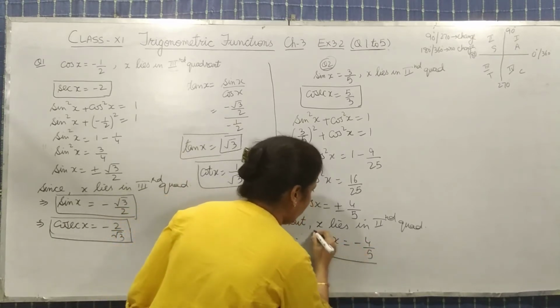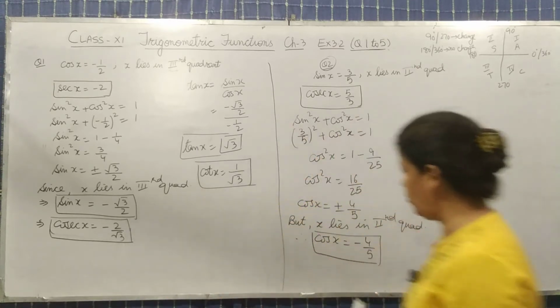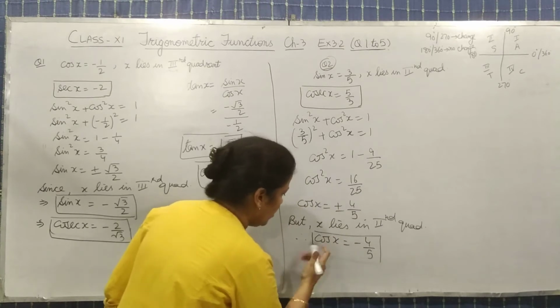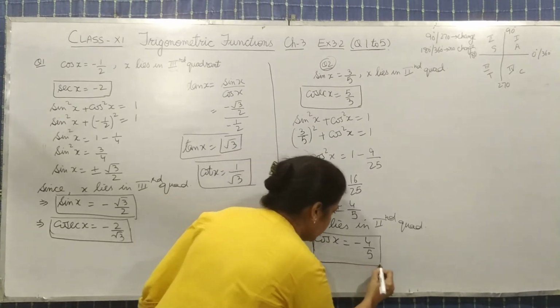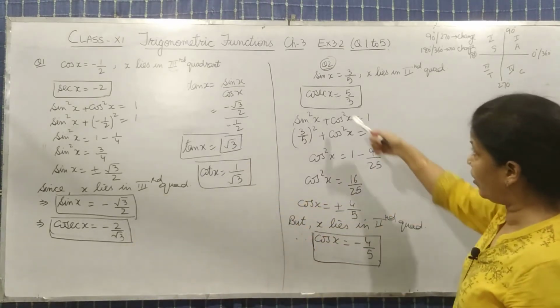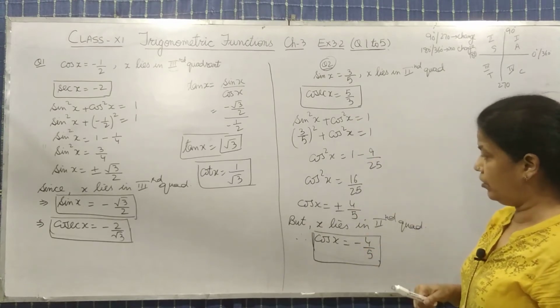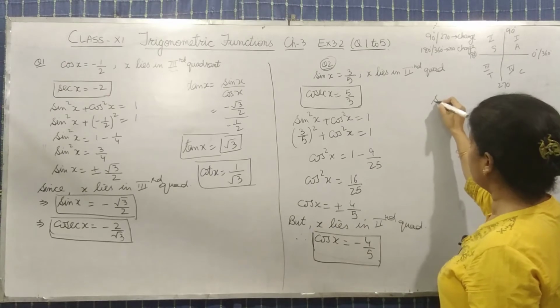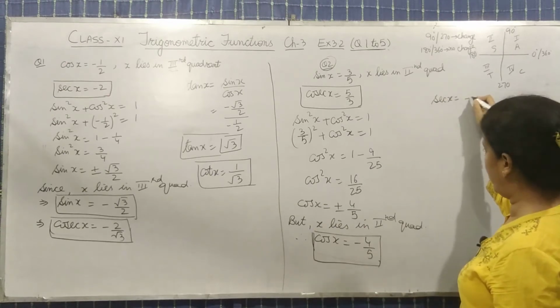So we have got cos x value as negative here. Now you have to find out cosec x and sec x. From cos x you will get sec x. Sec x will be minus 5 by 4.